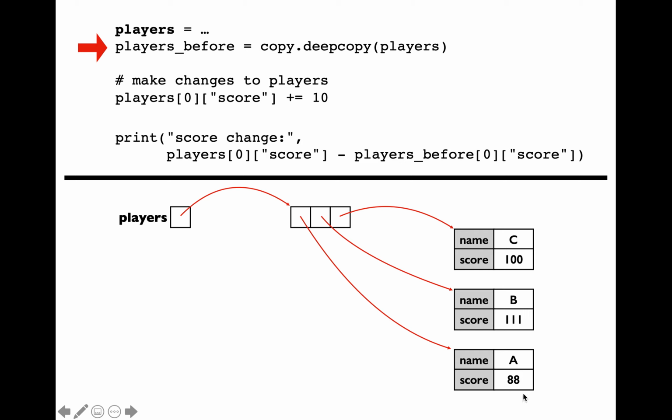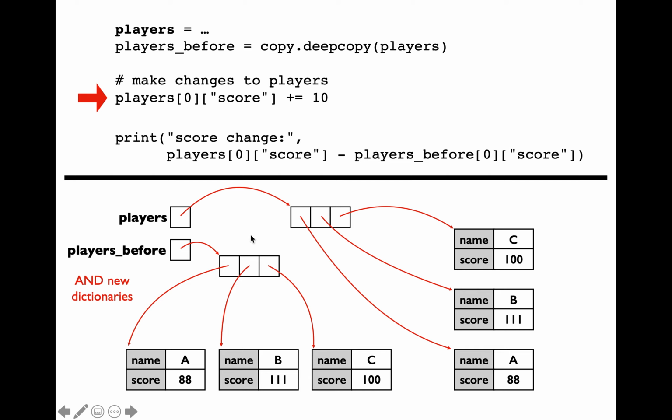The score, which was the original value, is 88. Let's say that we want to increment that by a value of 10. Before doing that, deep copy creates a copy of the object instances at all depth levels. So you're going to create a copy of the list object instance and also copies of the dictionary object instances.